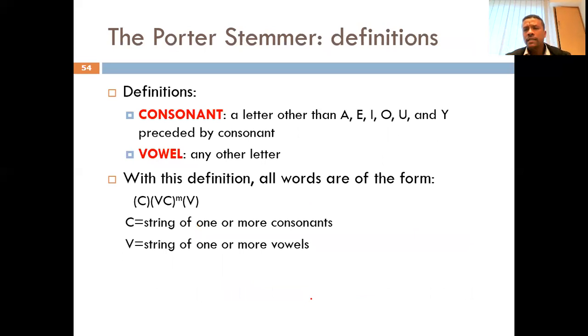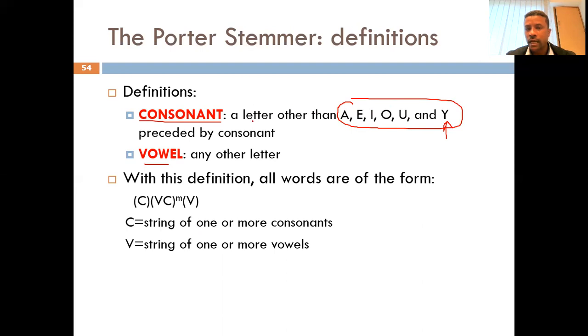So there are some definitions in Porter's Stemmer. He defines what a consonant means or a vowel means. And as you can see, for Porter's Stemmer, it's not a linguistic definition. For this computational process, consonant means anything except A, E, I, O, U, and Y. Usually we say the vowels in English are A, E, I, O, U. But for a stemming purpose, Porter also considered Y to be part of a vowel.